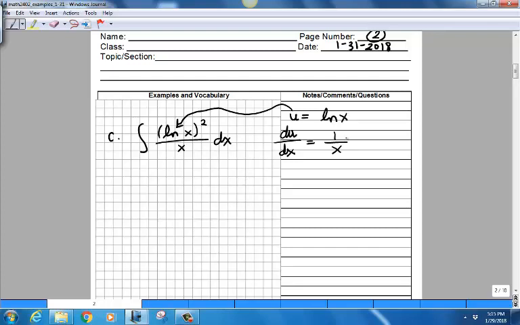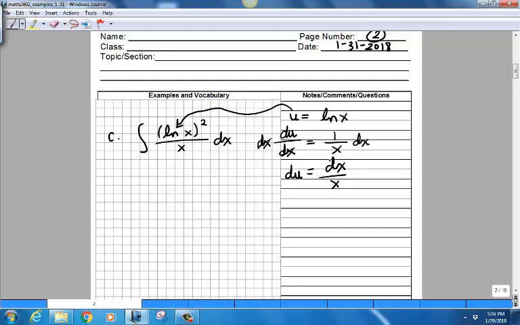All right, so let's see, how do I do that? Well, once you've done this a few times, you're going to get very good at it, and you'll be able to take shortcuts. But at first here, I'm going to just go through the full algebraic process of solving both sides of this equation for dx. So I'm going to multiply both sides of the equation by dx. Of course, that will eliminate the dx's on the left-hand side, so I'll just have du here is equal to, and then on the right-hand side, I have 1 over x times dx, which is dx over x.